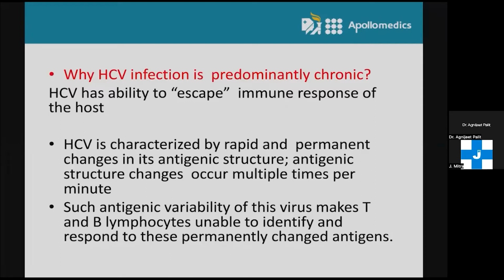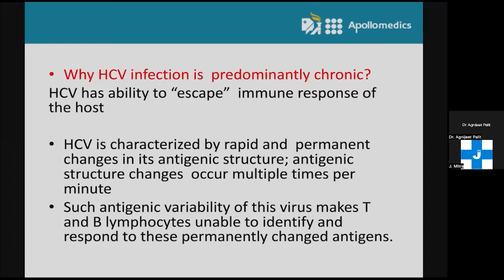So it has a high tendency to mutate, and at a particular point of time, several types of mutants are present together in a particular patient. This group of hepatitis C viruses having different antigenic structures undergoing repeated mutations are known as quasi-species. So they remain together as quasi-species.